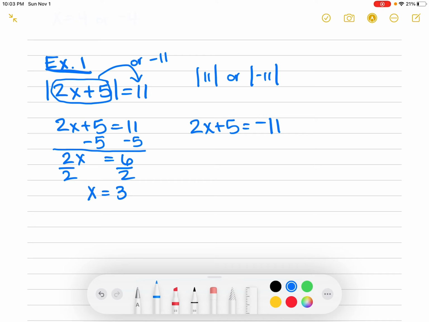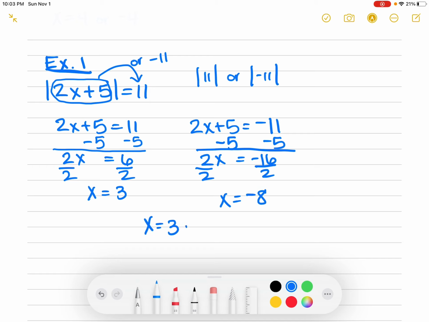Now I'm going to go on this other side, and I'm going to do the same steps. I'm going to subtract 5, but I'm going to get different answers here because I have -11 minus 5. That's -16. Then I'm going to divide by 2, and I get x equals -8. Okay, so x equals 3 and, not or, -8.